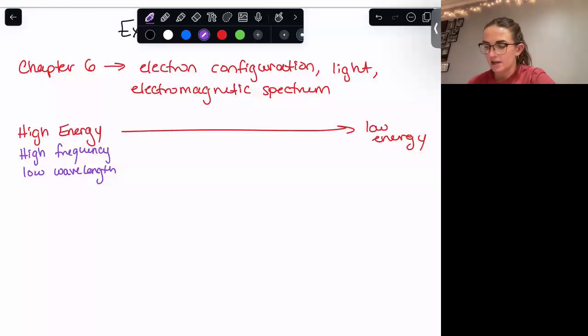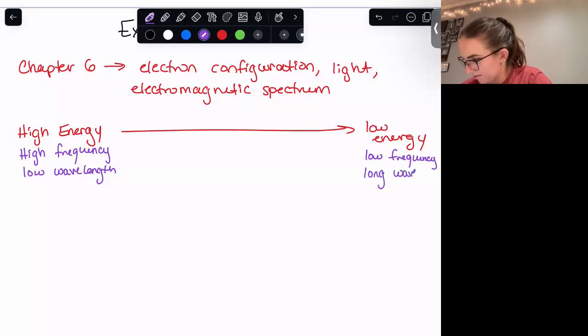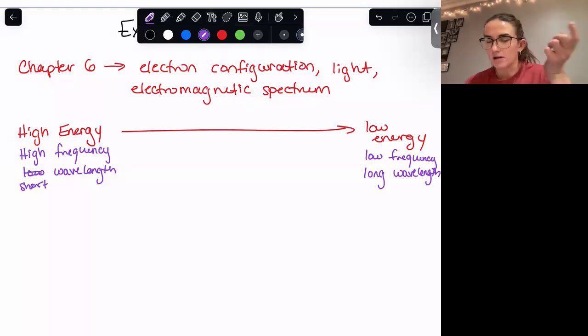That means at the opposite end, at your lower energy, you have a low frequency and a long wavelength. So our high energy waves are going to be our gamma rays.